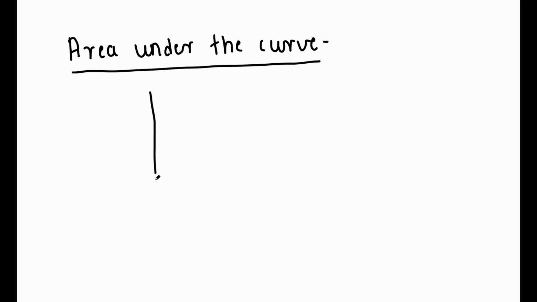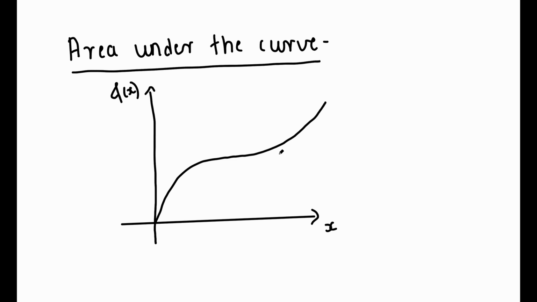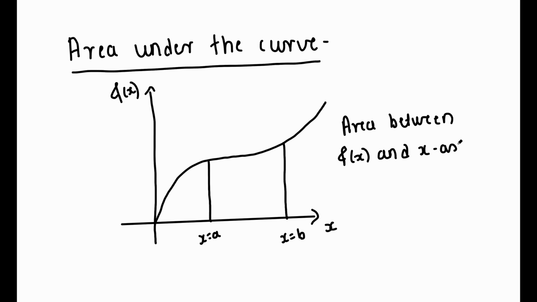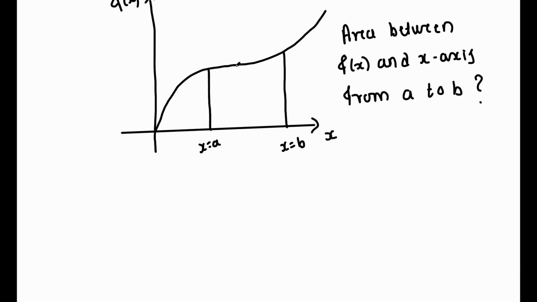Suppose we want to find the area under the curve of irregular figures. Like, given a function f of x, what is the area between f of x and the x-axis from a to b? To find the area, we divide the interval a to b into very small pieces, each of width dx.